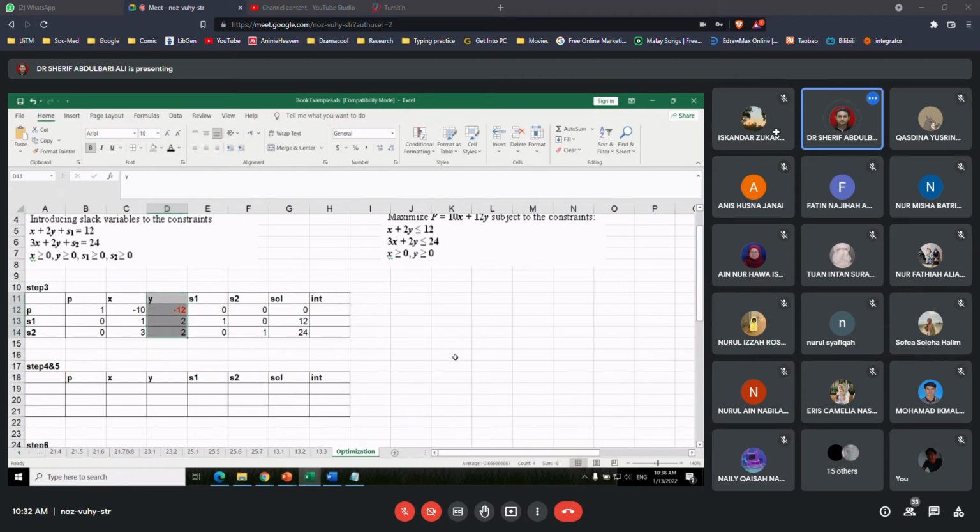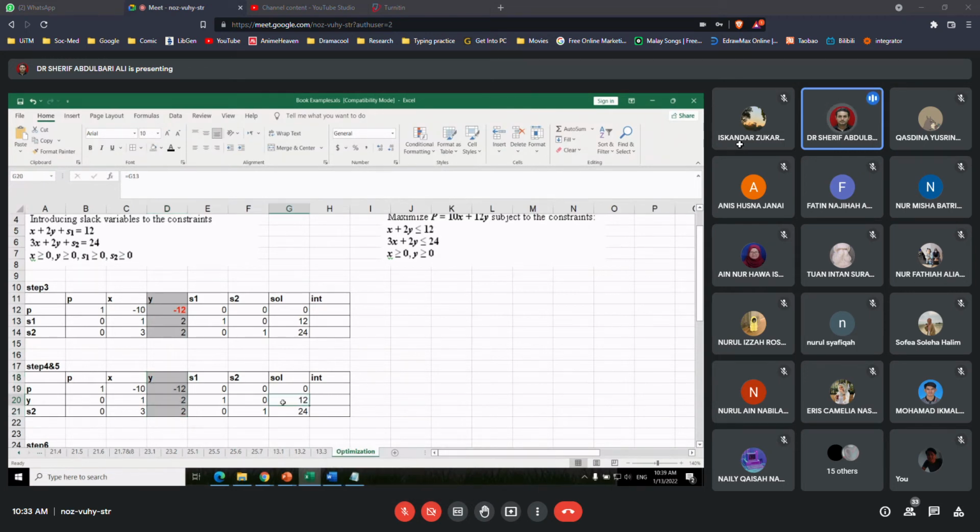Okay, then you are going to divide the solution column over the pivot column to calculate the intercept. So in this case, you are going to divide the solution column over the pivot column to find the intercept.